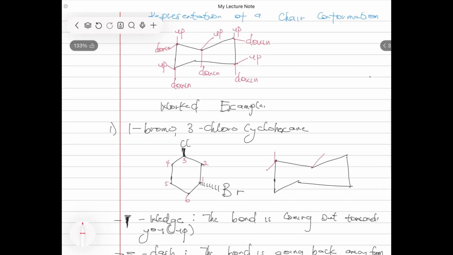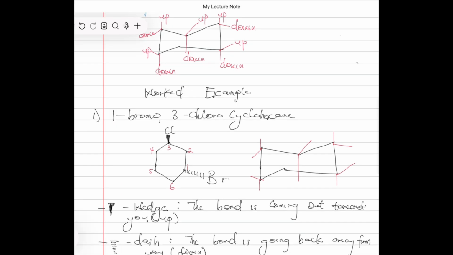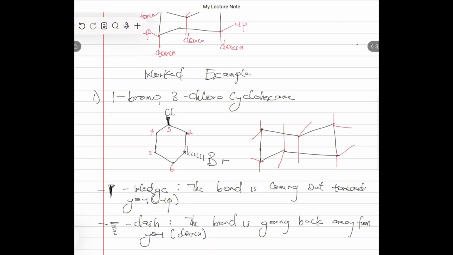I can have this as up, here is down, here is up, here is down, here is up, here is down, here is down, and here is up. I can have here as up, I can also have here as down. So I've represented all the bonds in the 6 carbon positions in the chair conformation.